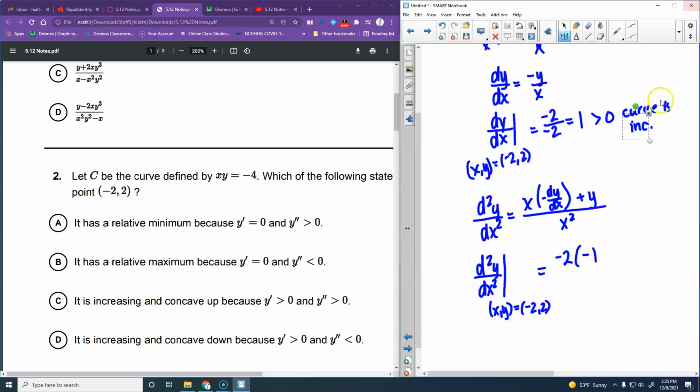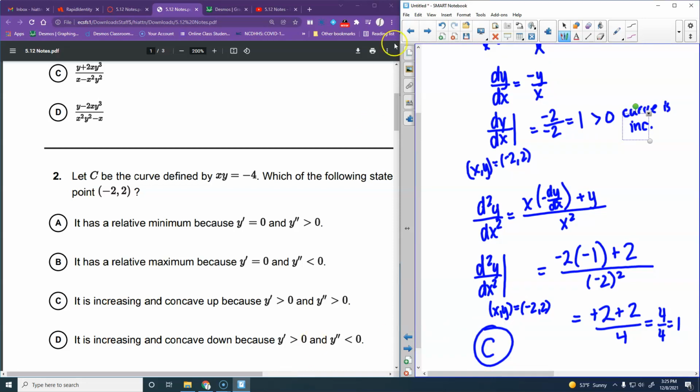I'm pulling 1 up here from the first derivative, plus 2 over negative 2 squared. So I get negative 2 plus 2 over 4. Sorry, this is a positive 2. So I get 4 over 4, which is 1. If I have a positive second derivative, that tells me that my function is concave up. So C would be my answer.